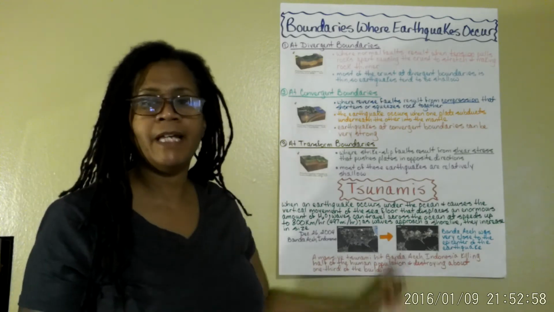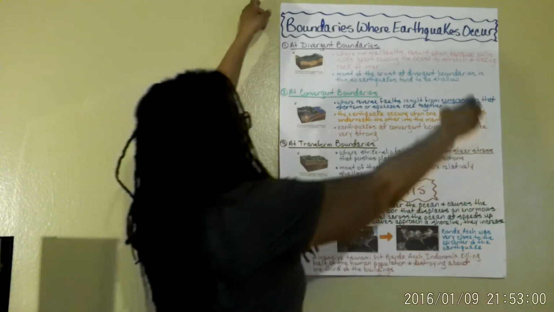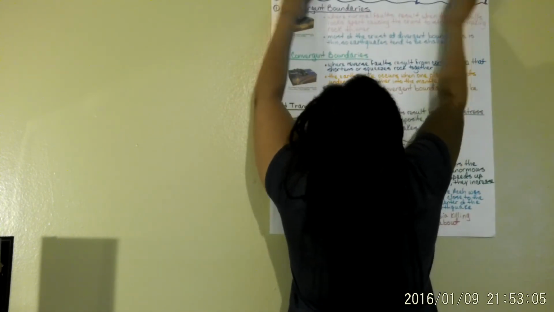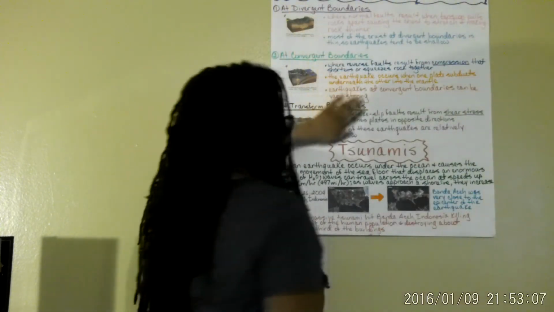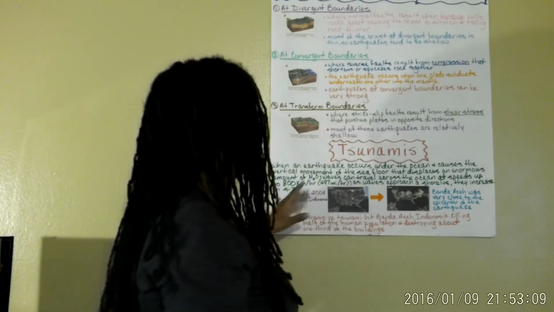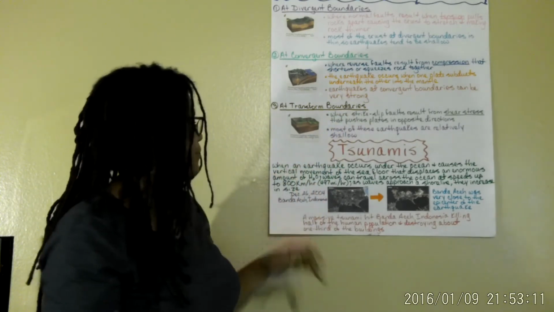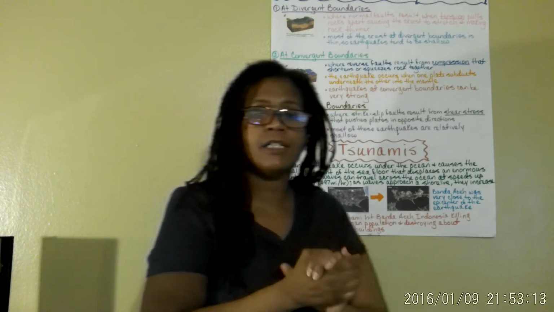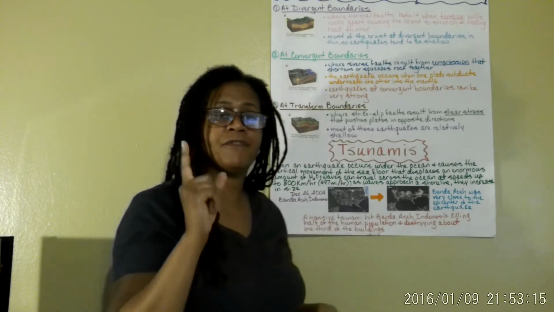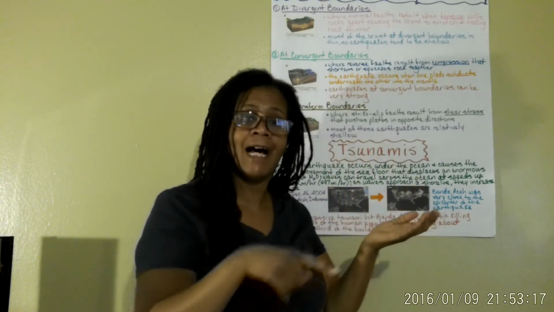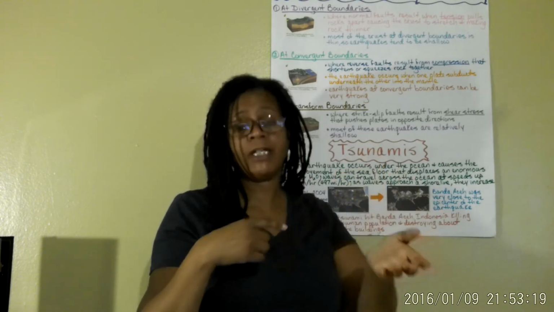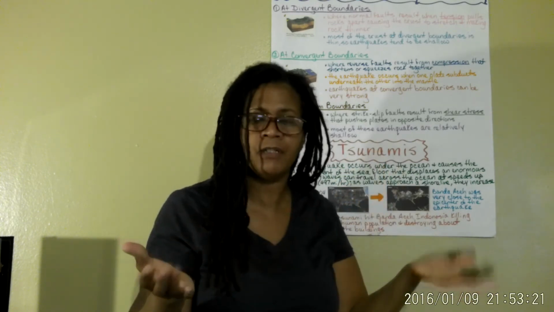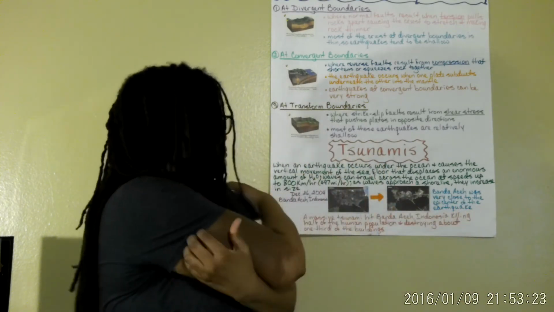And then we have tsunamis. And we all know at this point that a tsunami is an earthquake that occurs under the ocean, okay? And it causes the vertical movement of the sea floor. So not only do volcanoes occur under the ocean, earthquakes occur under the ocean as well.